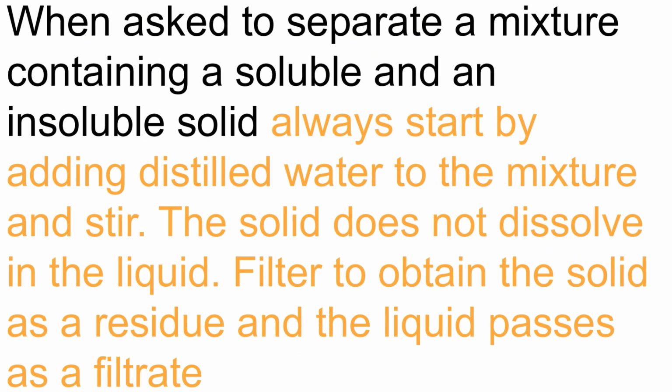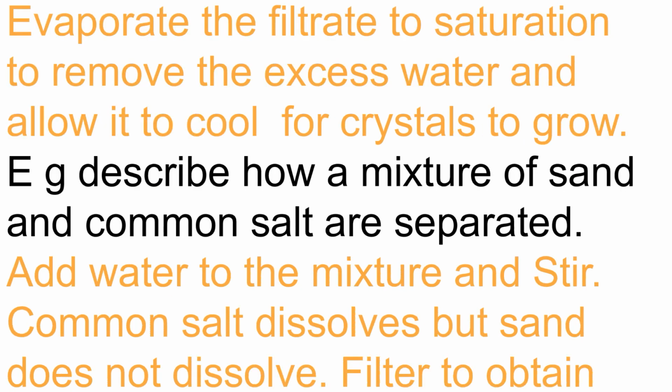The insoluble solid does not dissolve in the liquid, so after stirring, you filter. When you filter, you will obtain the insoluble solid as a residue on the filter paper, while the liquid passes through as a filtrate. Evaporate the filtrate to saturation so as to remove the excess water, and then allow it to cool for crystals to form.